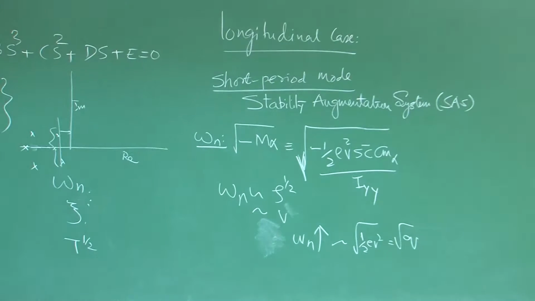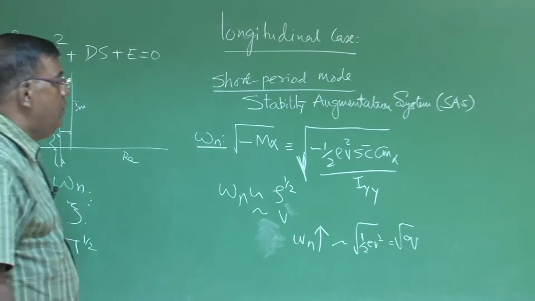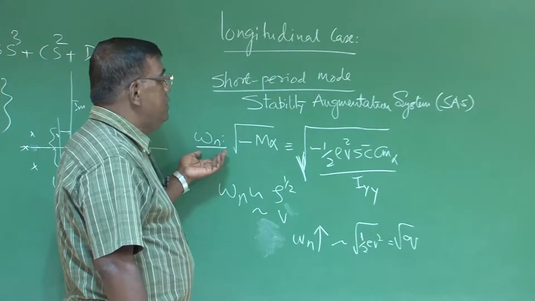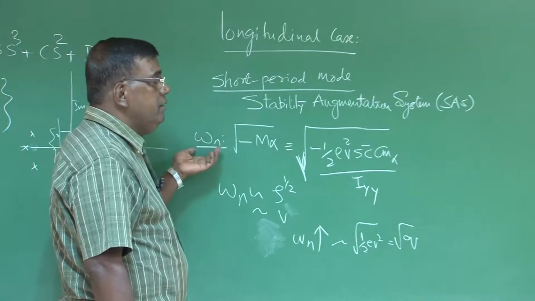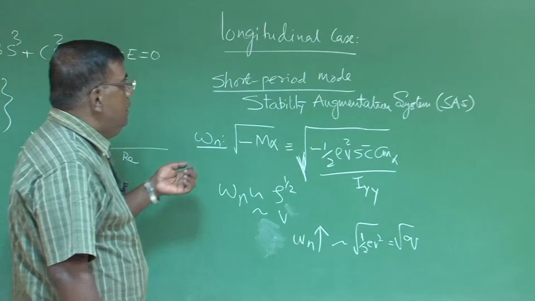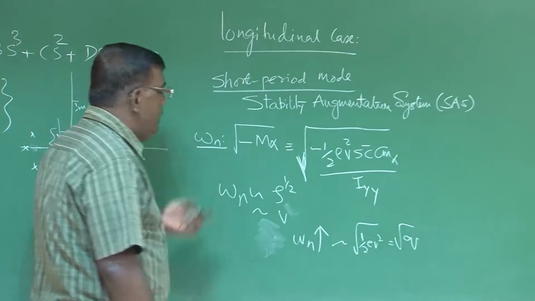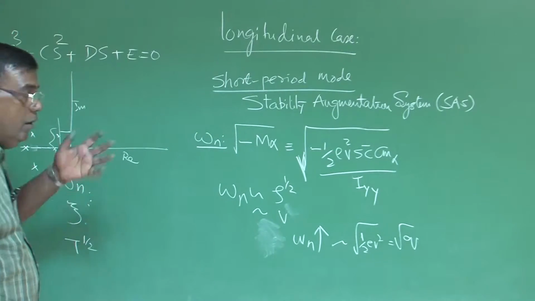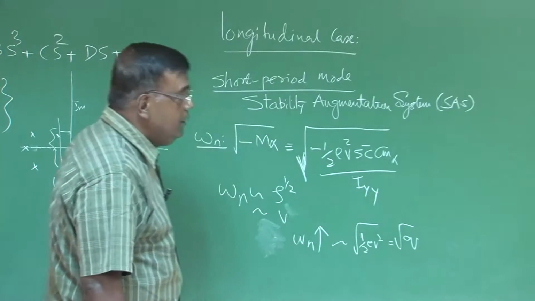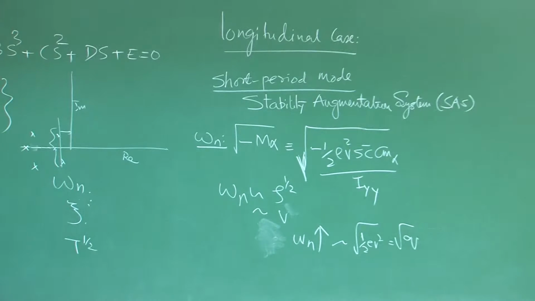So either I can realize with altitude, as it goes higher and higher, omega n reduces. With increase in speed, omega n increases. With higher altitude, omega n decreases, because with higher altitude density goes down, and with increase in speed, omega n goes on increasing. Or also in totality I can say omega n changes with the dynamic pressure the airplane is experiencing.